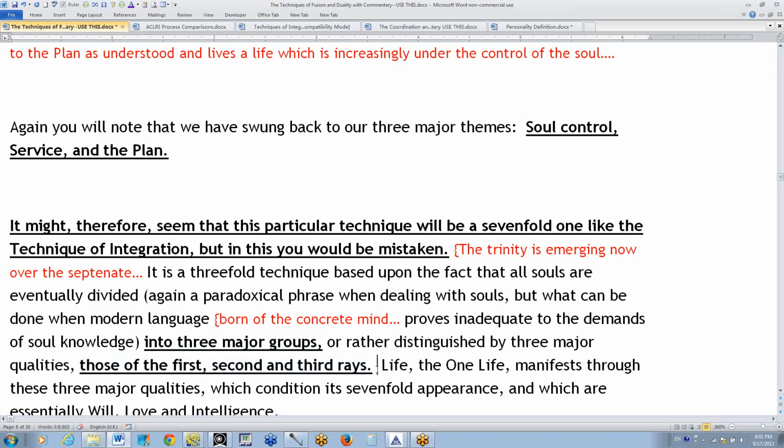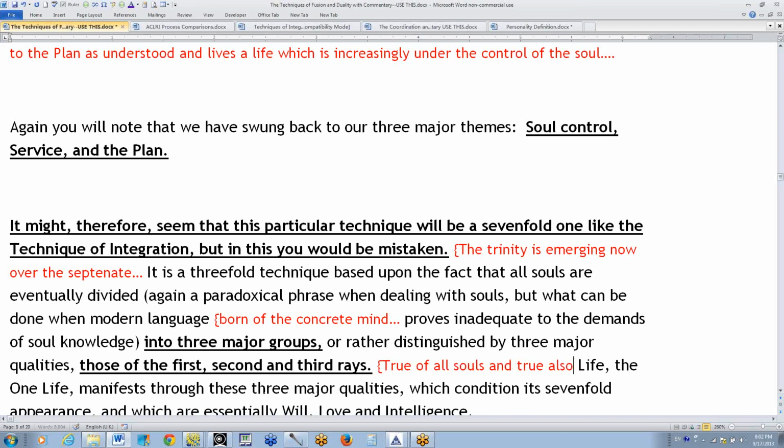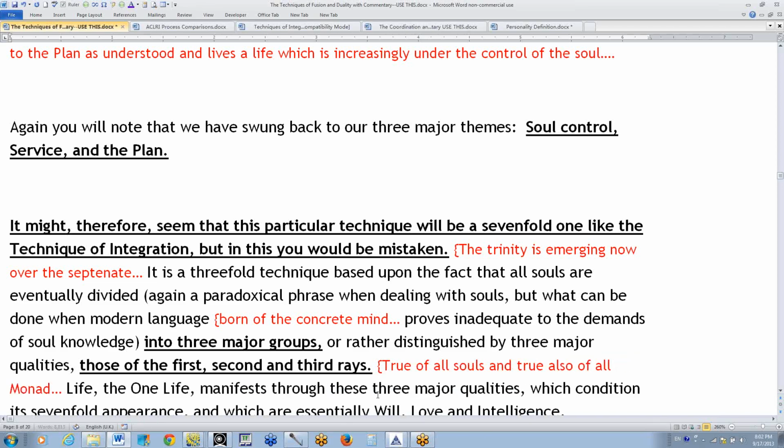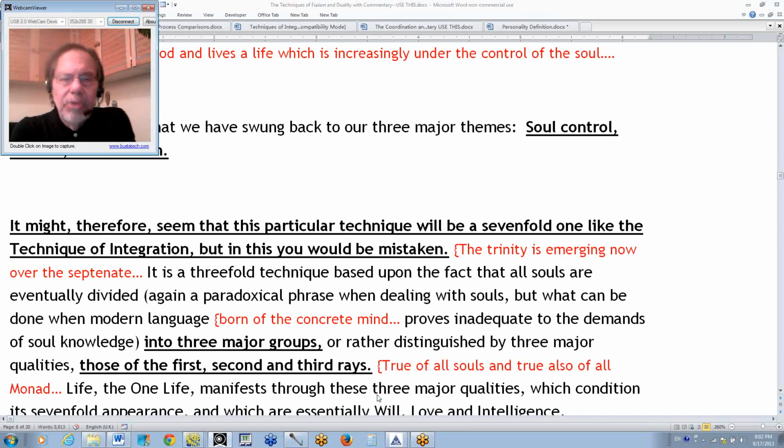True of all souls, and true also of all monads, eventually. And I've been theorizing that even the logoic plane may be involved with the liberated monad, known alchemically as the volatile essence, the essence which wants to fly back to its source.